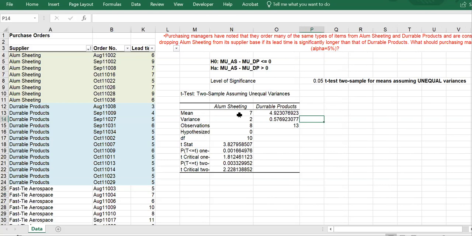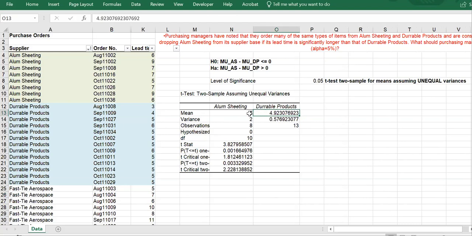At the end of the day, we have the mean average lead time for aluminum sheeting, the first supplier, and the sample mean for both suppliers coming from both samples. As you can see, there is a significant difference.